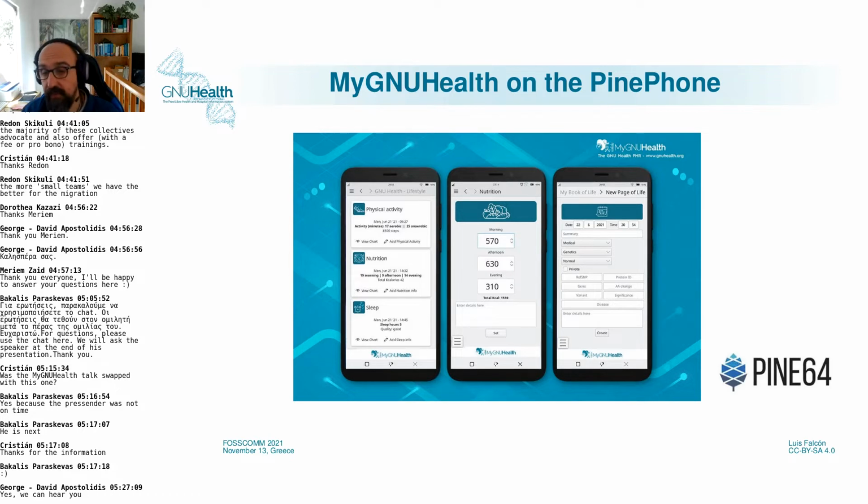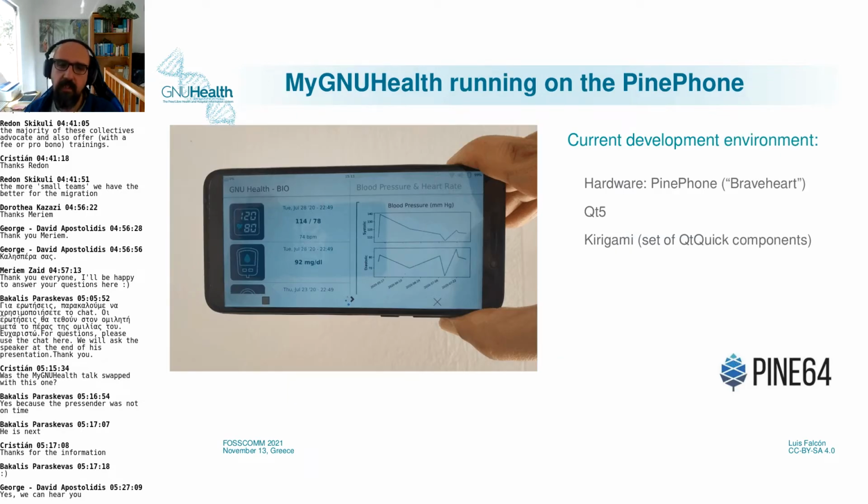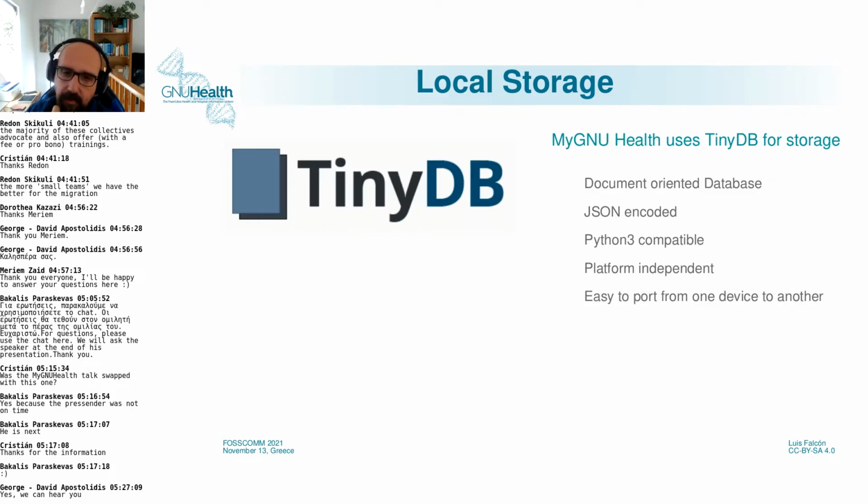But you also have genomics and genetics. So, for example, MyGNUHealth has almost 80,000 different natural variants that you can choose to include on your health history, your clinical history.